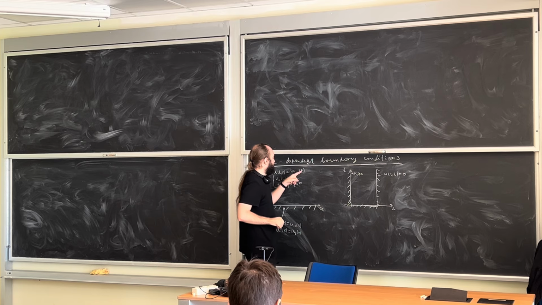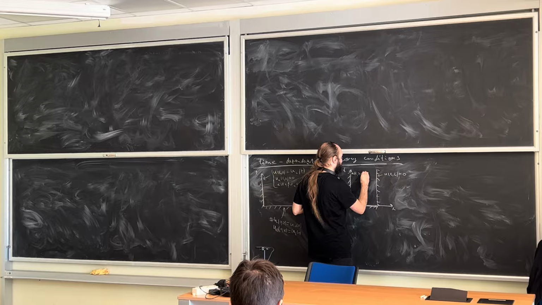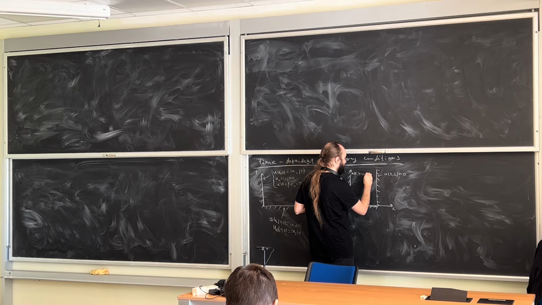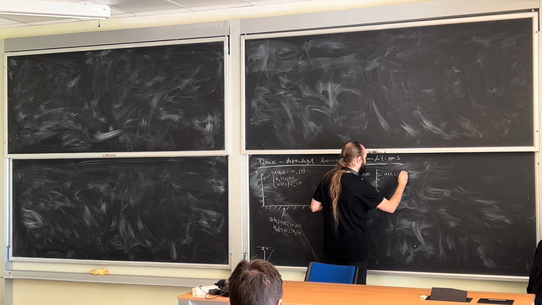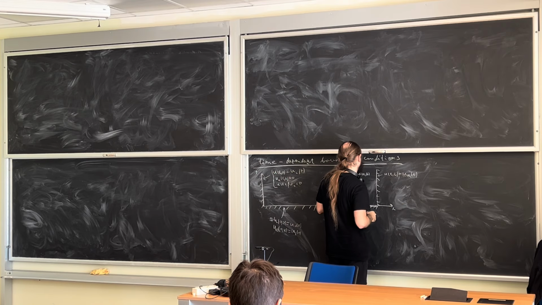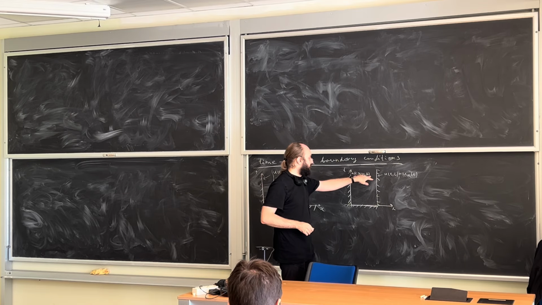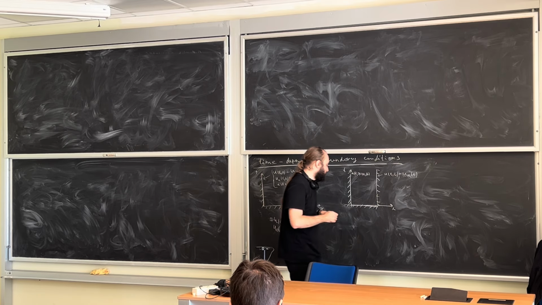Let us call this u_L of t, and here we have u_R of t, where L stands for left and R stands for right, the left and right boundary conditions.